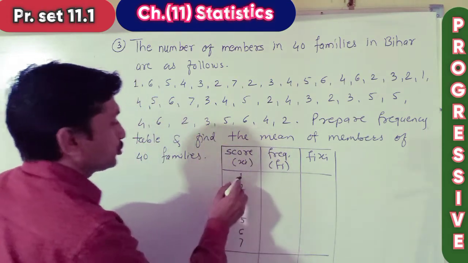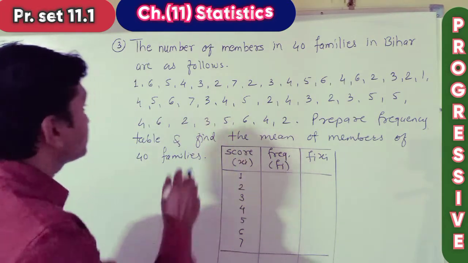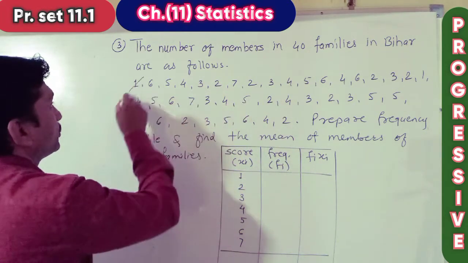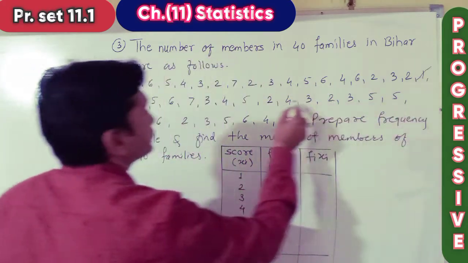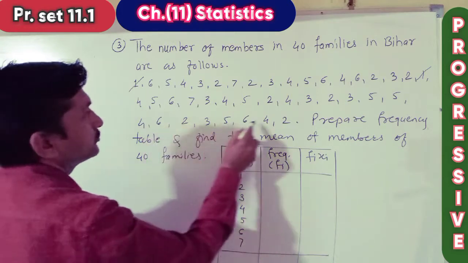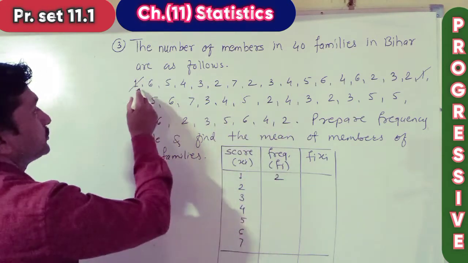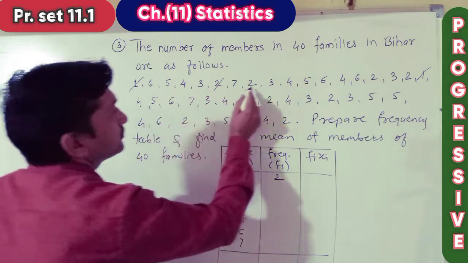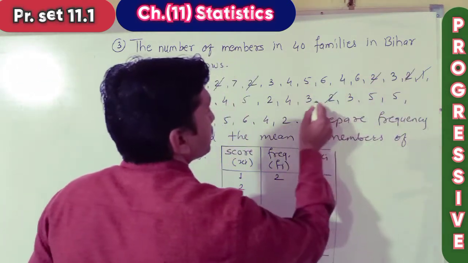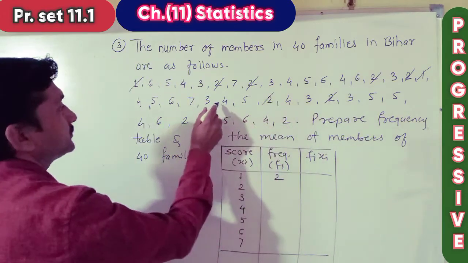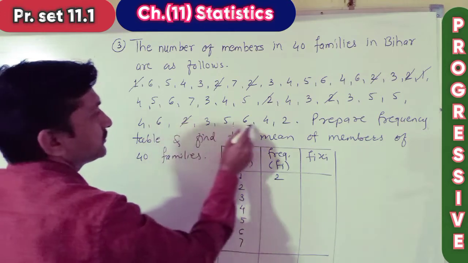Now frequencies. Score 1, let's see how many times it is in the data. 2 times, therefore the frequency is 2. Score 2: 1, 2, 3, 4, 5, 6, 7, 8.